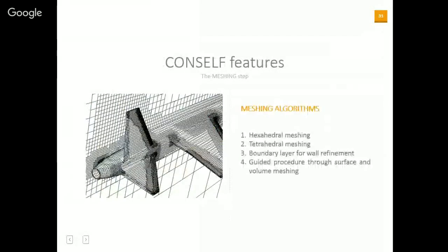In the mesh phase, Conself gives access to two types of algorithms, hexahedral and tetrahedral, both provided with boundary layer for wall refinement. By using this, we can guarantee a correct wall resolution, and thus the correct range for the Y+.